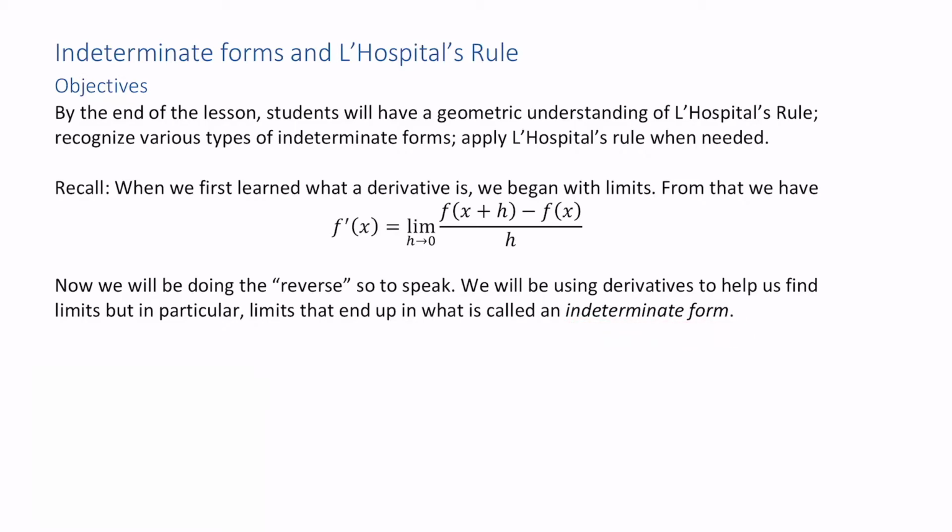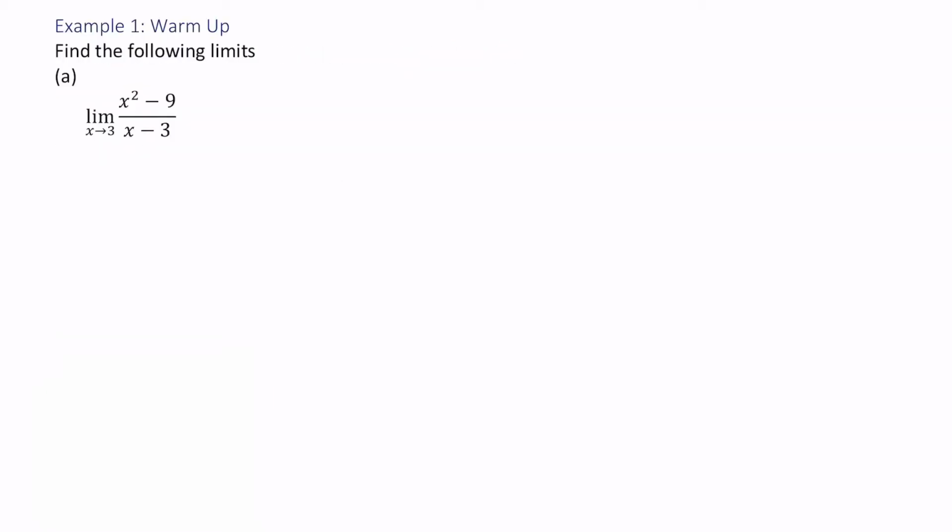But before we start on that, let's warm up with a couple of problems. Here's the first warm-up. Let's find the limit as x approaches 3 of x squared minus 9 divided by x minus 3. We start by factoring the numerator.